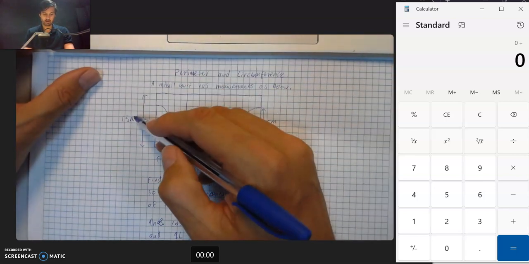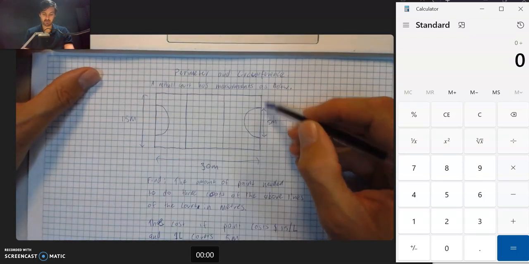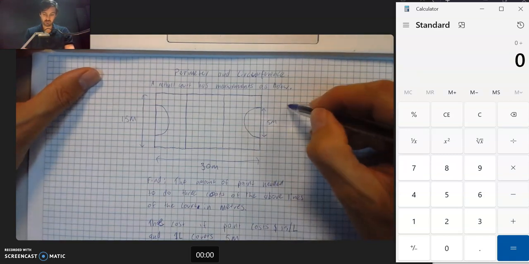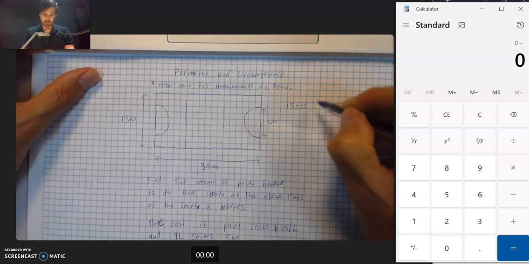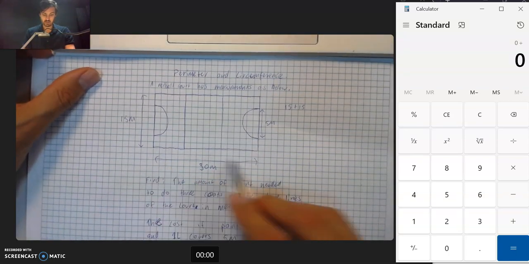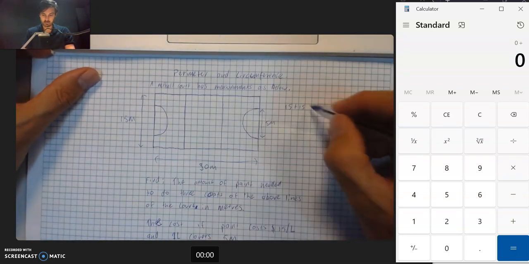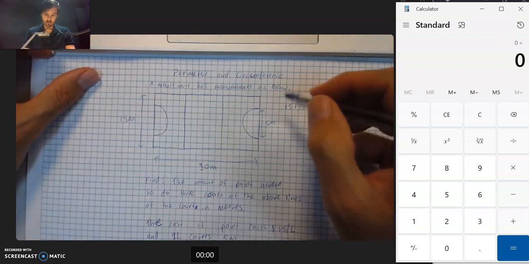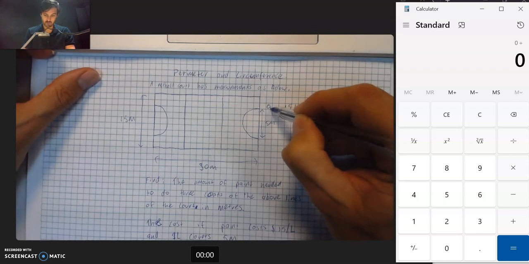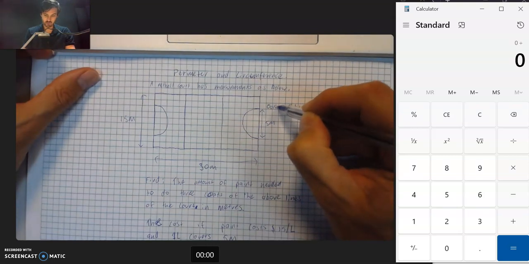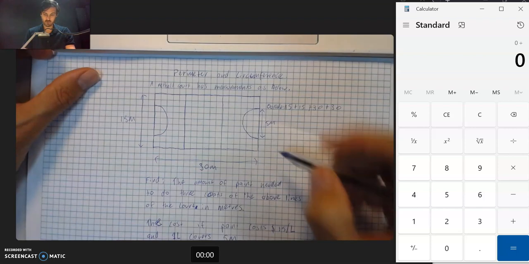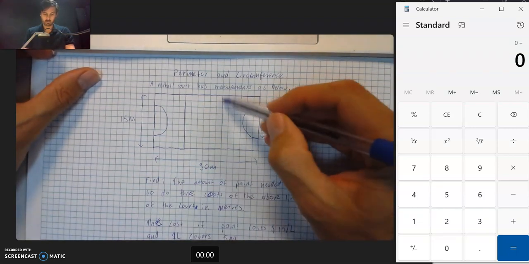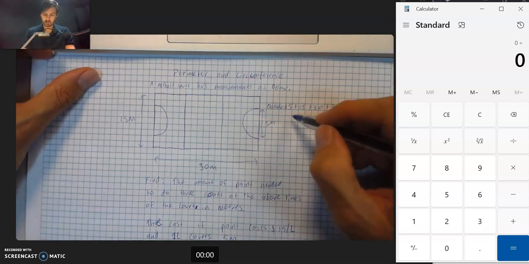We're going to do 15 meters plus 15 meters on this side here, which gives us 30. So we've got 15 plus 15 plus 30 plus 30 here. We'll call that O for outside. Now we need to also factor in the third lines.